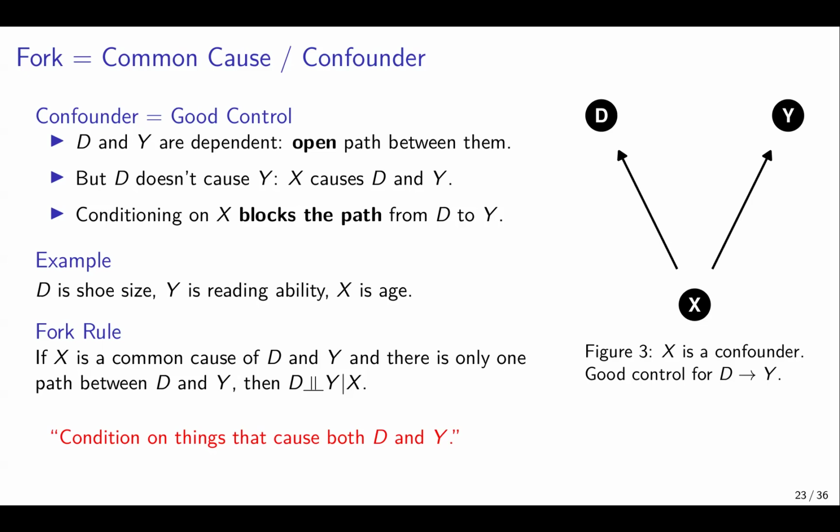Now, D and Y are statistically dependent, because there is an open path between them.